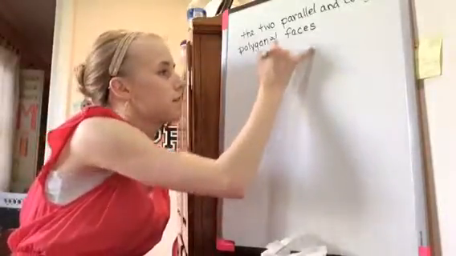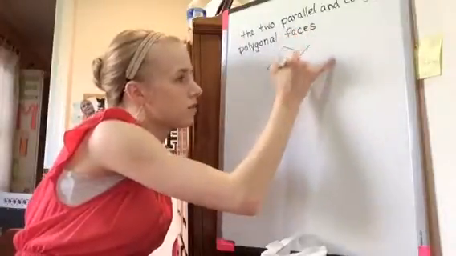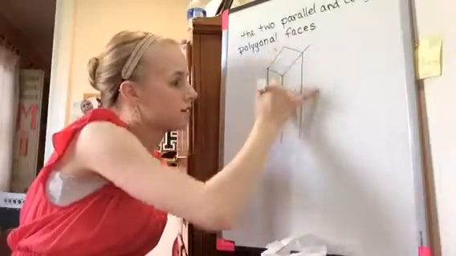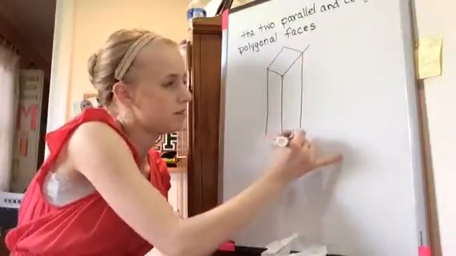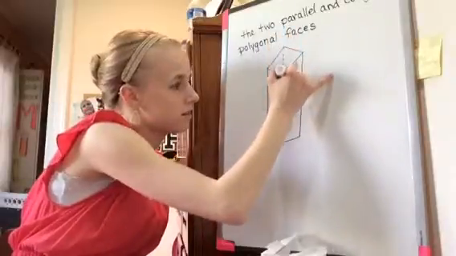So for example, if I drew a rectangular prism, this one's a little bit easier to understand.